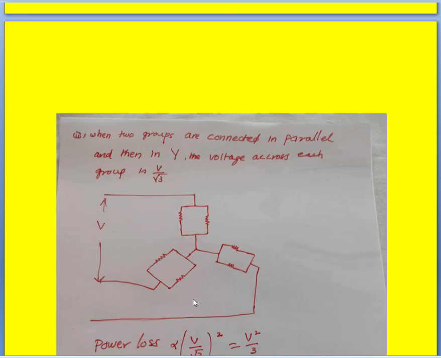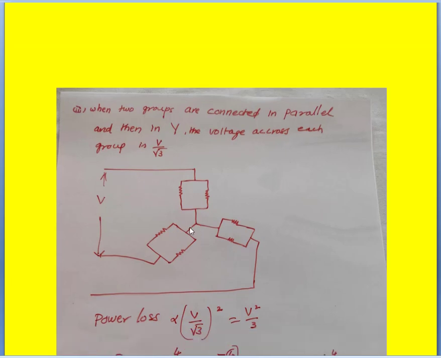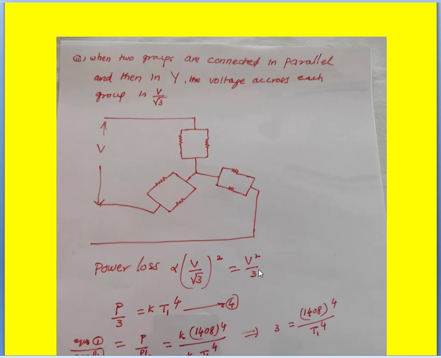So for the star, the voltage drop per phase is given by V by root 3. So the voltage drop across this will be the same. That is (V by root 3) whole square. So if you simplify it, we get V square by 3.